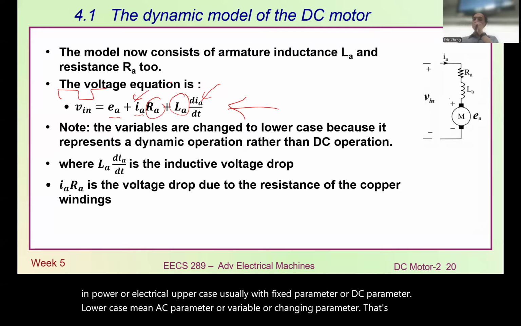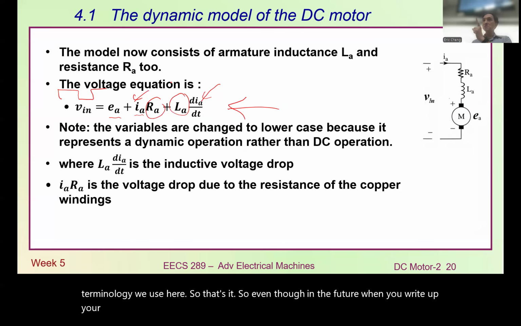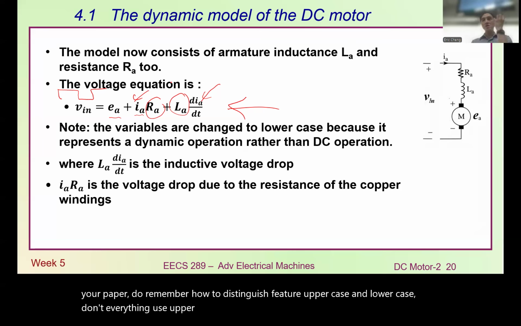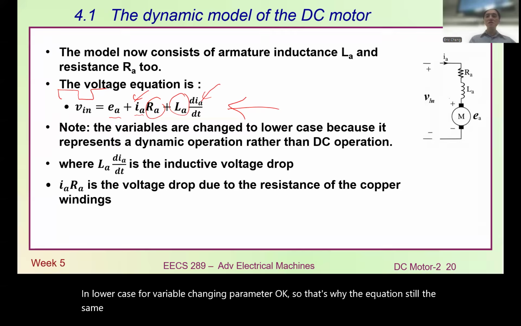So in the future, when you write up your paper, do remember how to distinguish between uppercase and lowercase. Don't use uppercase for everything. Only use uppercase for fixed constant DC parameters and lowercase for variable changing parameters. So that's why the equation is still the same. This equation is just based on Kirchhoff's law, it can never be changed.